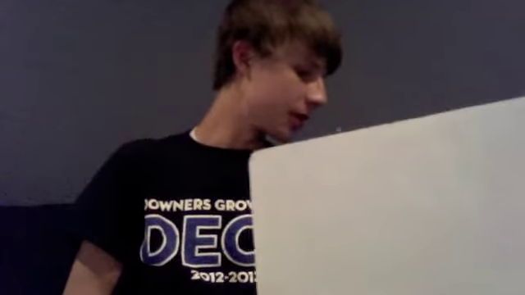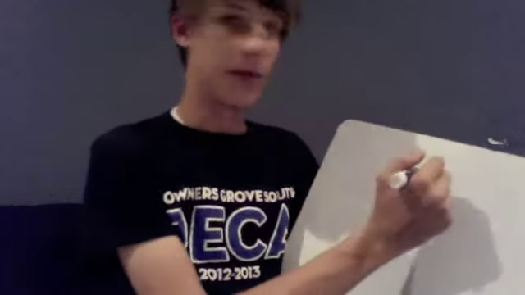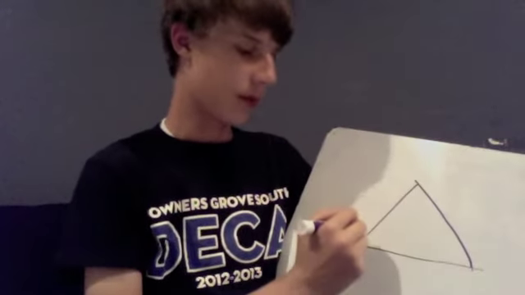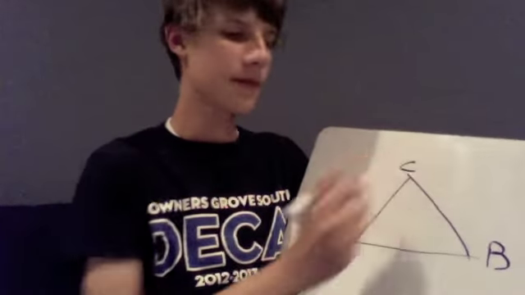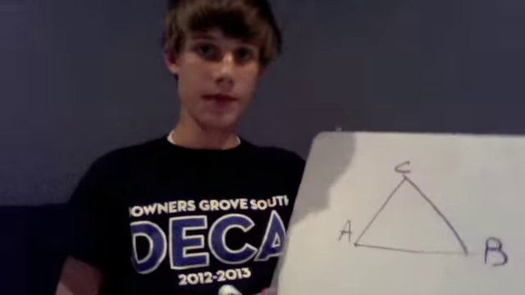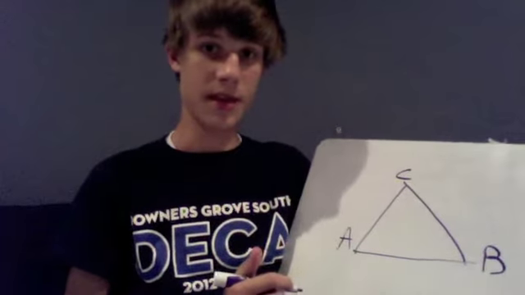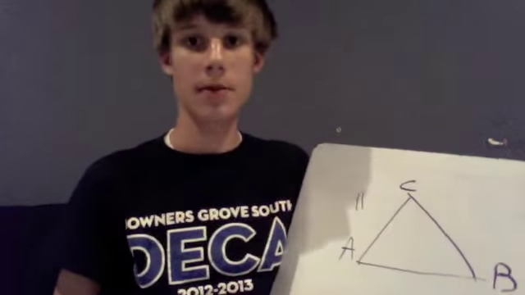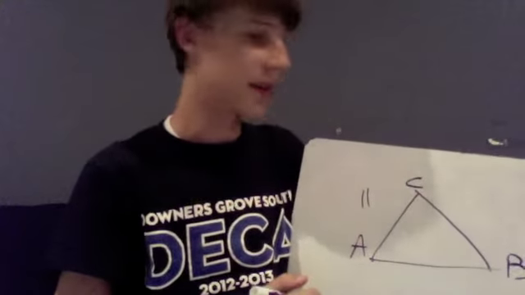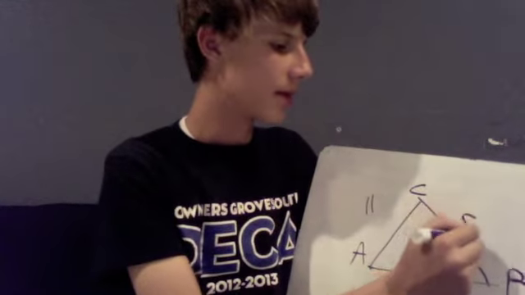Now that we know what information we need and what information we don't need, we can start to draw a picture. By reading our problem, we know that there are 3 points: points A, B, and C. And we know that the distance between points A and C is 11 miles, and the distance between points C and B is 8 miles.